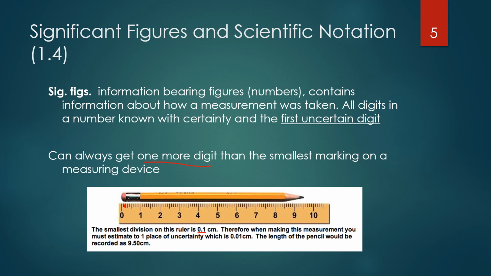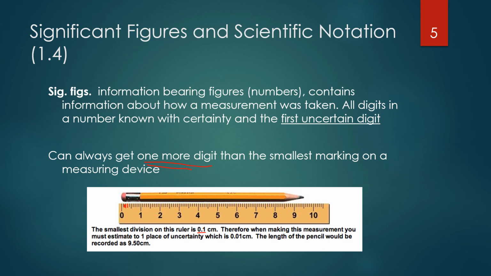Well, we just said when you're measuring physically with a device, you want to go 1 more digit than the device allows. So since the device goes to 0.1, we want to go 1 further than that. So instead of going to the 10th spot like the device does, we're going to go to the 100th spot.